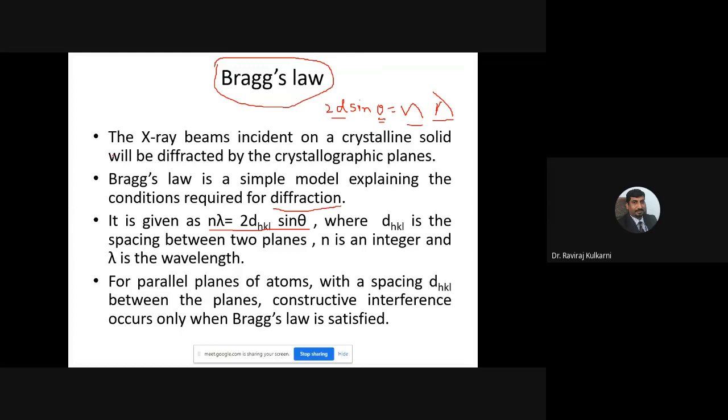For parallel planes of atoms with spacing d_hkl between the planes, constructive interference occurs only when Bragg's law is satisfied. For example, if theta becomes theta plus delta theta, I add a little angle to this. Now tell me whether it follows Bragg's law or not.